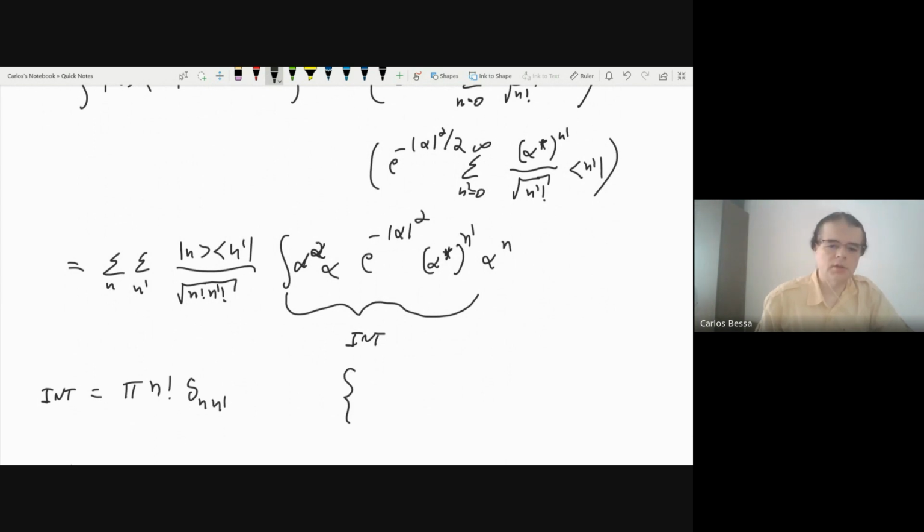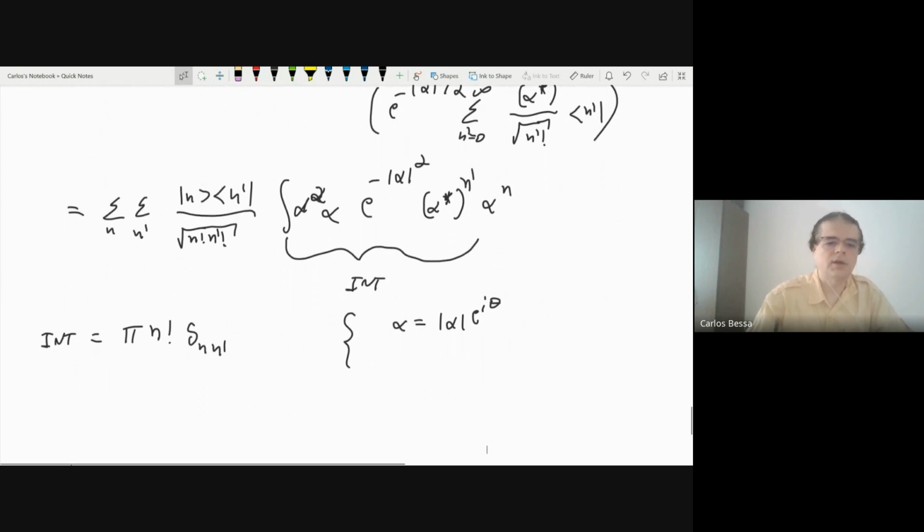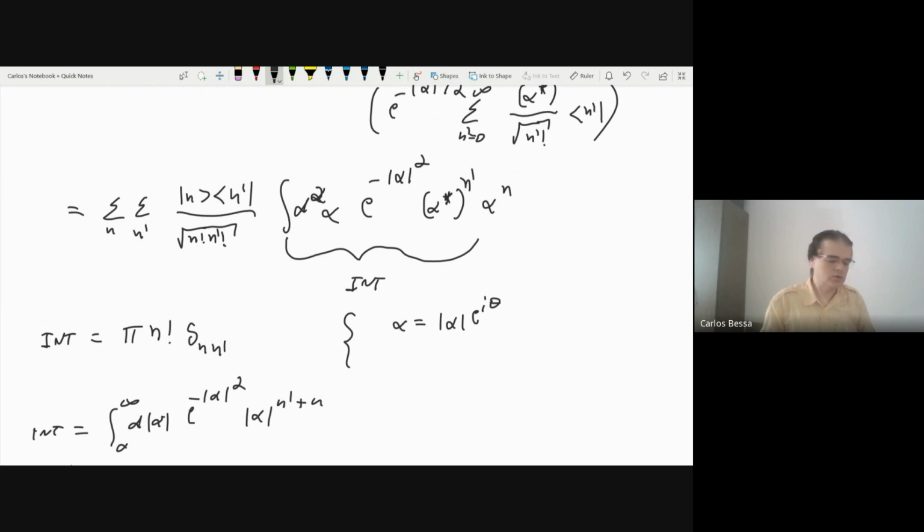And just a hint, you can define alpha as the modulus of alpha times exponential of i theta, and write int as the integral of d modulus alpha, d theta, and then we use some tables and you find this result. Okay, just a hint, but this is the result of this integral.